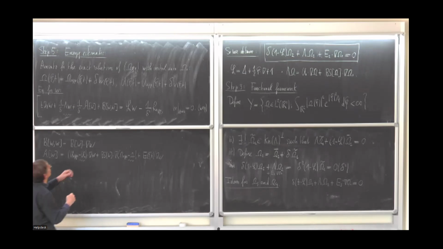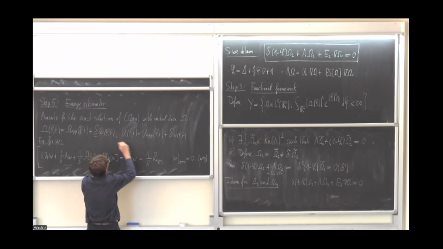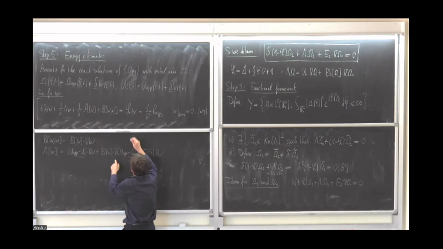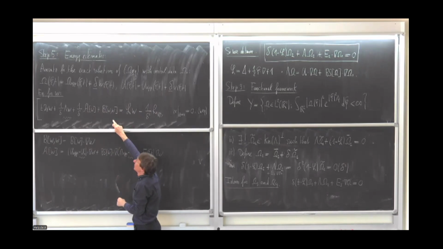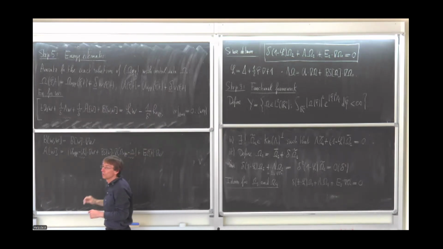So I decided to put this delta here, and then this gives the delta in front of the 1 over delta here. But this puts 1 over delta square in front of the source term. So I have 1 over delta square in front of the source term, but I have nothing in front of the nonlinearity.